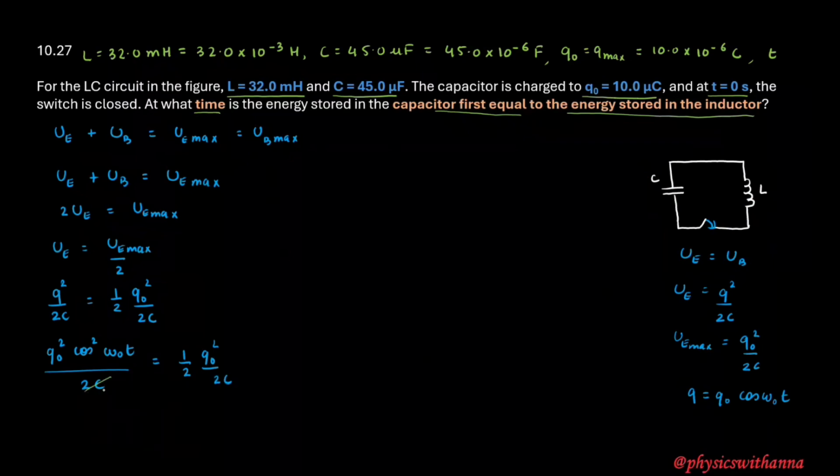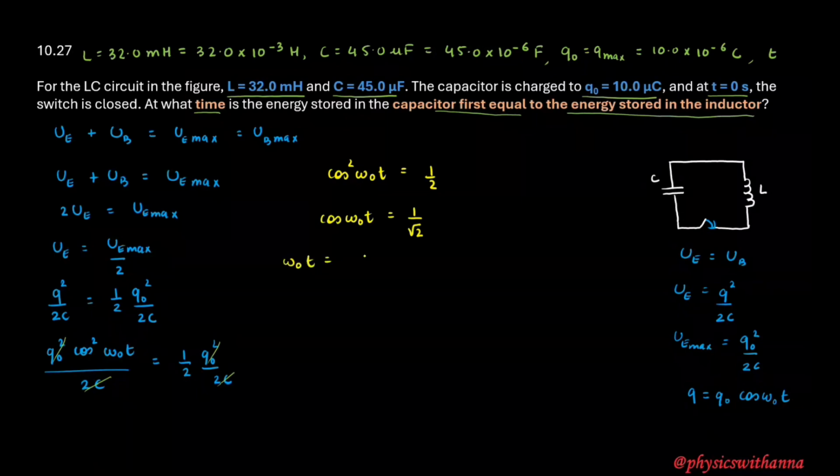Now we can cancel off 2C and 2C from here, Q naught squared and Q naught squared from here. That gives you cosine squared omega naught t to be equal to half. Now let's take square root on both sides. We get cosine omega naught t to be equal to 1 over root 2. I want to find time t, so we take cosine inverse.